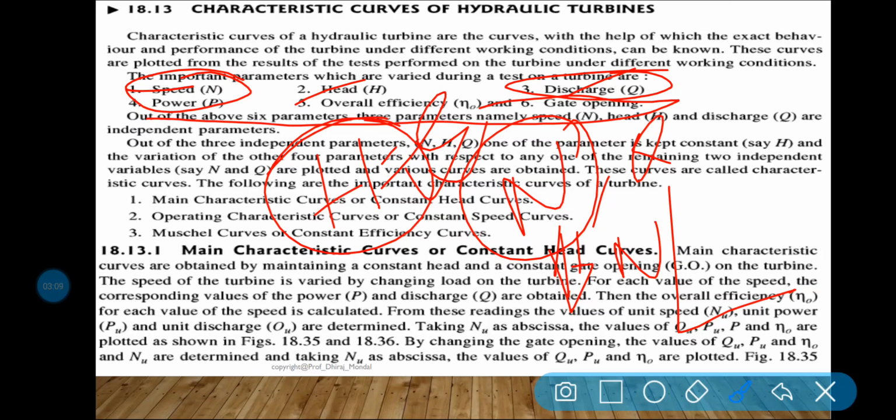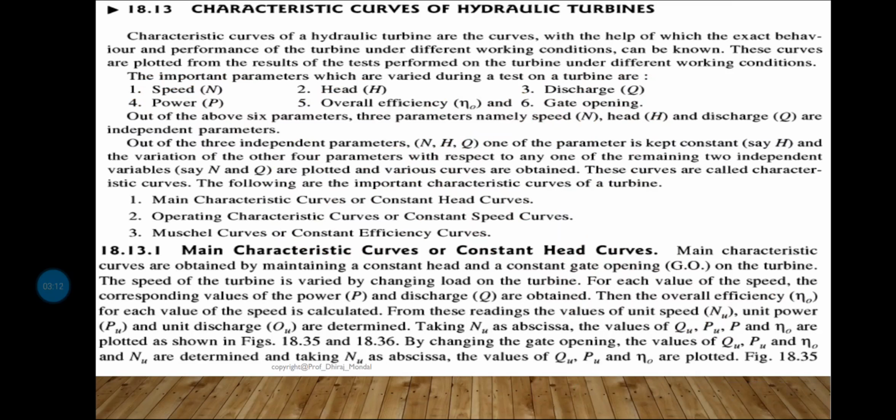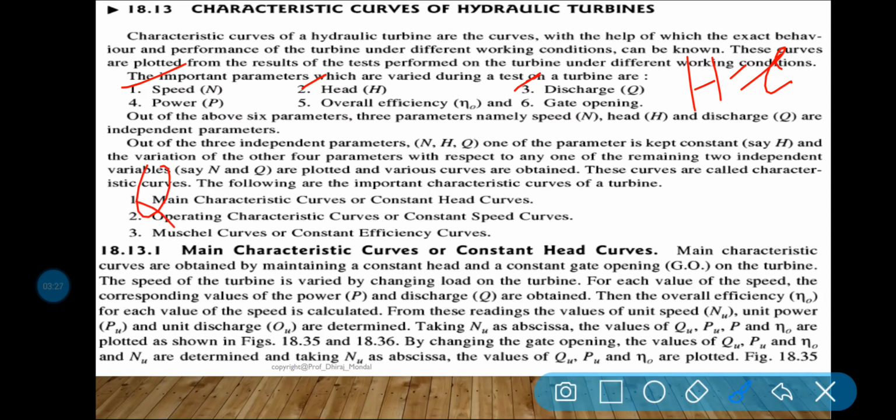Again, suppose 1, 2, 3 are your independent parameters. If H is constant, either you can take Q or you can take N. If you take N, then with respect to N you have to plot the curve with these 4: N versus Q, N versus P, N versus gate opening, N versus overall efficiency.